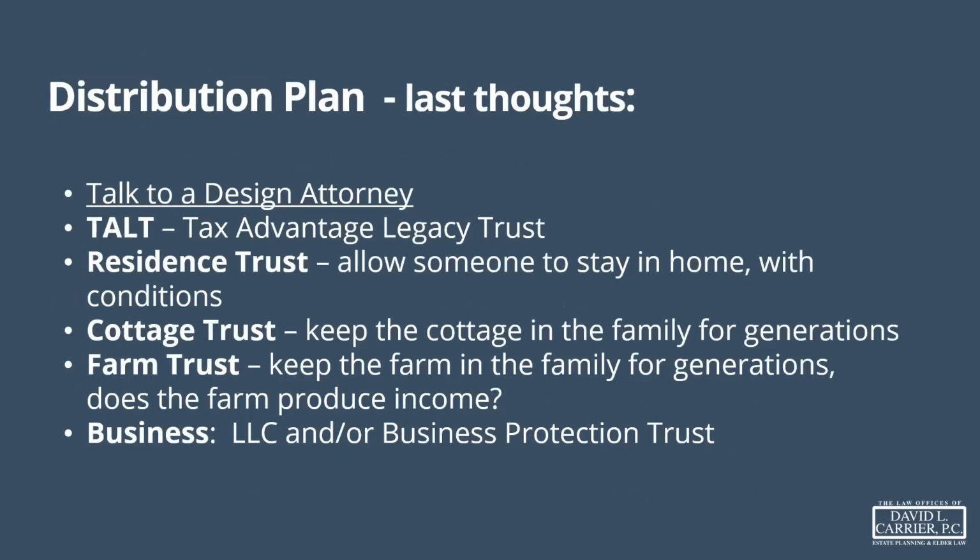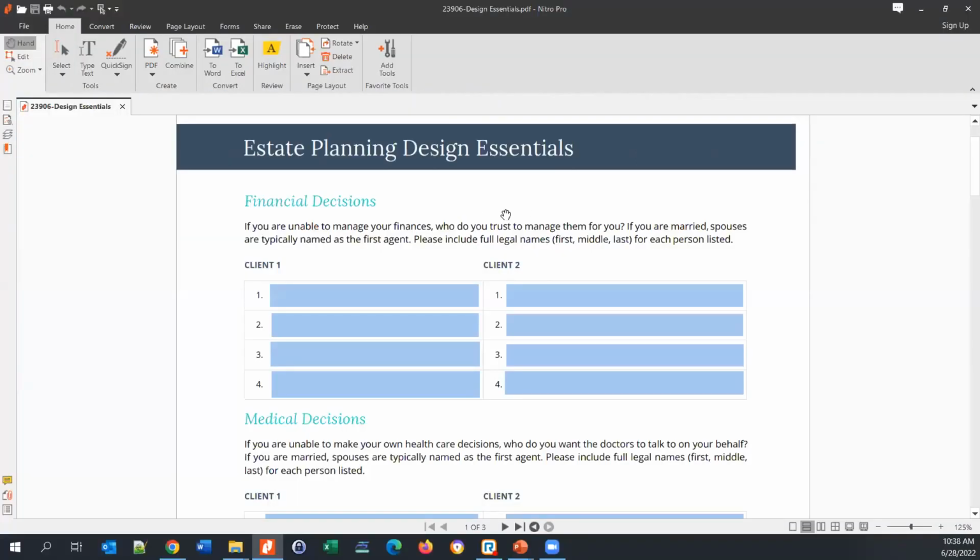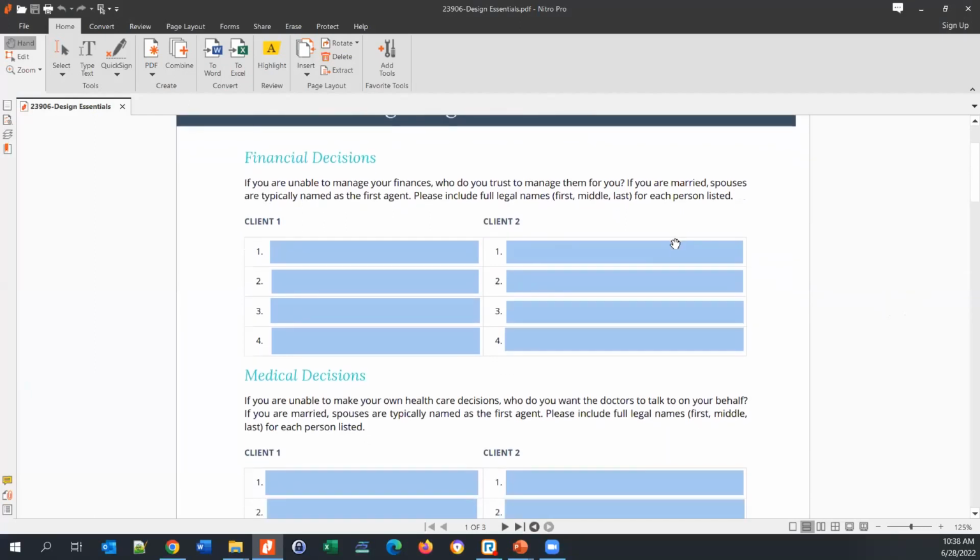Some last thoughts. So talk to a design attorney, work on that design essentials form. So let me bring that up for just a second. We've been talking about financial decisions. That's the first topic up here. Those are the people in the trust, the trustees, the financial power of attorney document, the person representing the will.